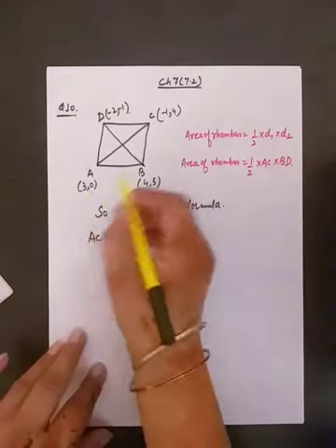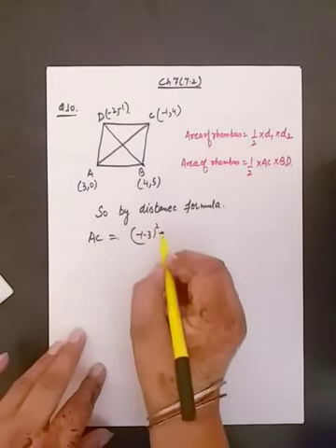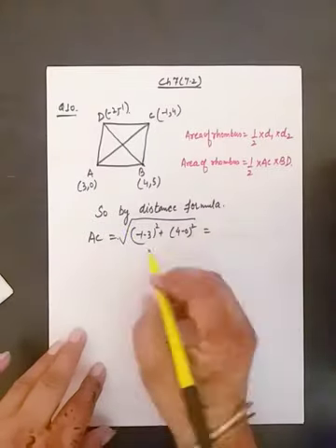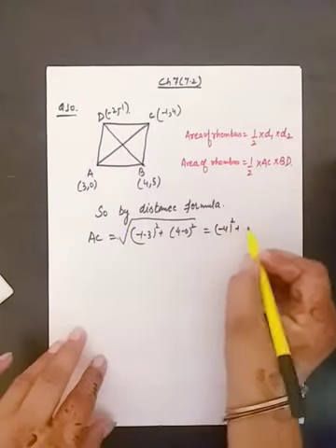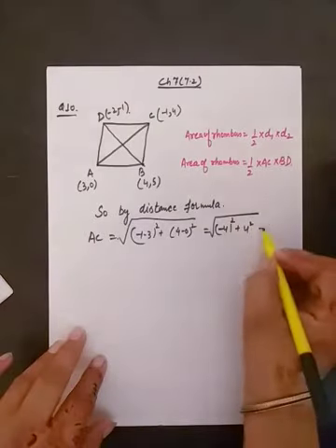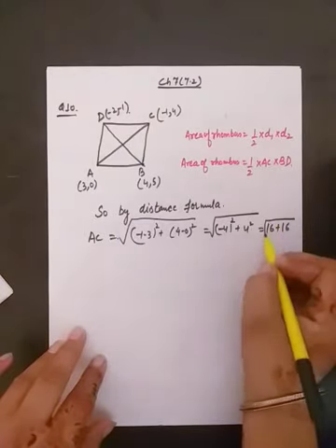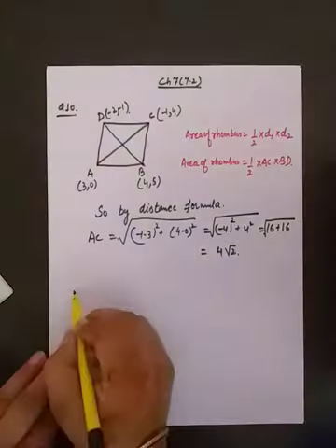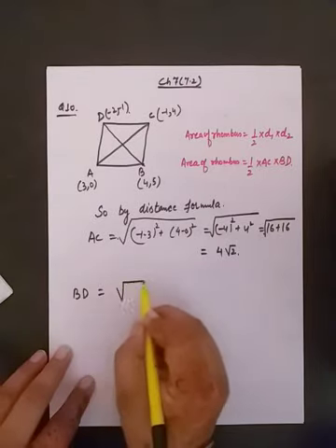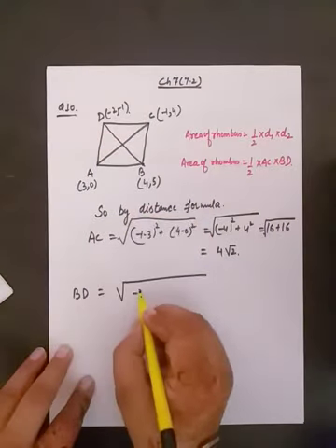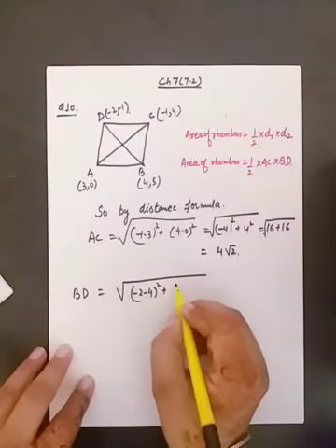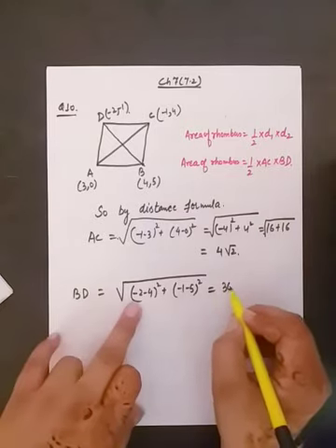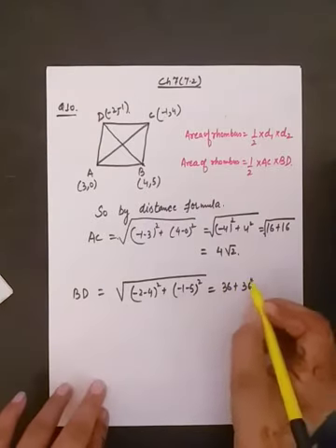AC is equal to the square root of (-1 - 3)² + (4 - 0)², and we get (-4)² + 4², which is 16 + 16, and that can be written as 4√2. Similarly, diagonal BD will be equal to the square root of (-2 - 4)² + (-1 - 5)², and it will be (-6)² = 36 and again (-6)² = 36.